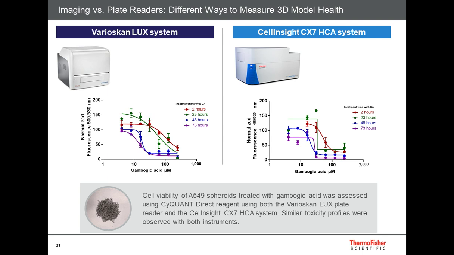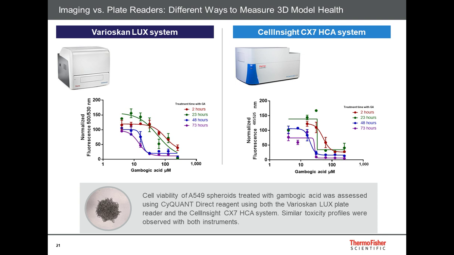And we can compare this to the same plate, the same 96-well plate of spheroids as analyzed by our high content analysis system. And so with high content analysis, we have the images to go along with every one of these data points, but it takes a bit longer to acquire those images. If we just want quantitative information, the VarioSkan plate reader can provide similar results, but in a much quicker analysis.